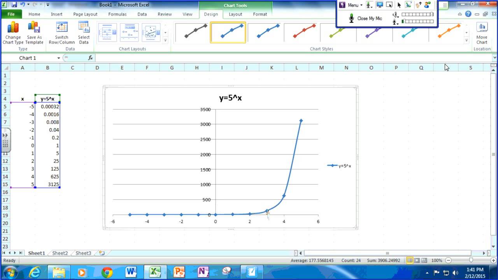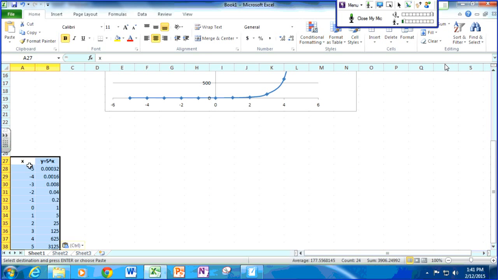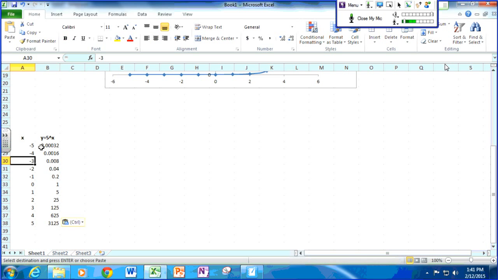See? Well, let's say that we wanted to make this so that there were fewer numbers. We could do that. I'm just going to take the data, and I'm going to cut a couple of them out.